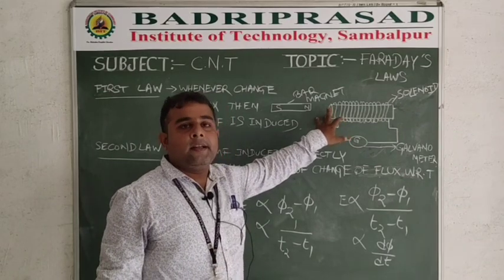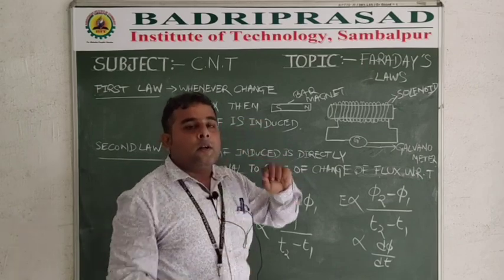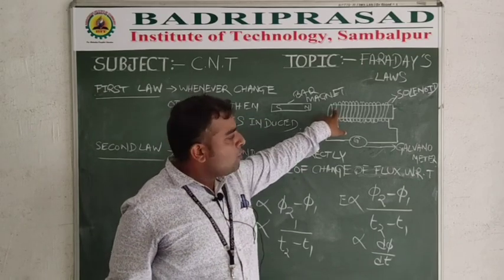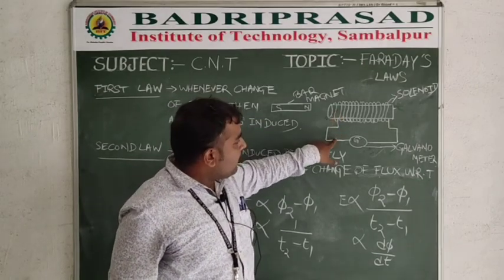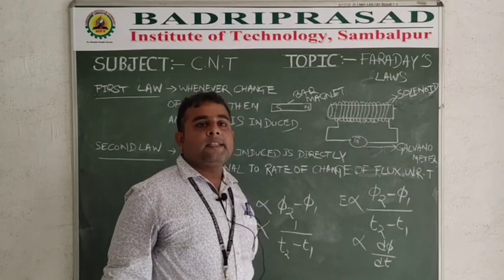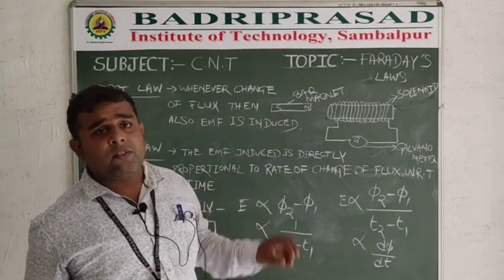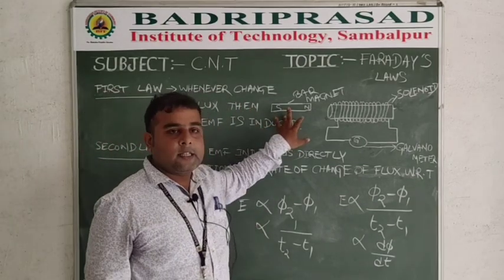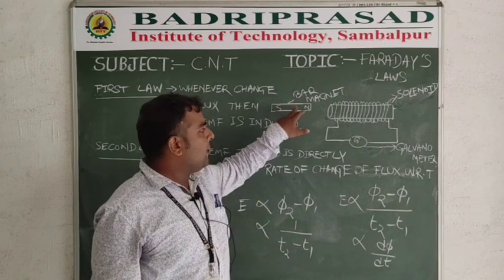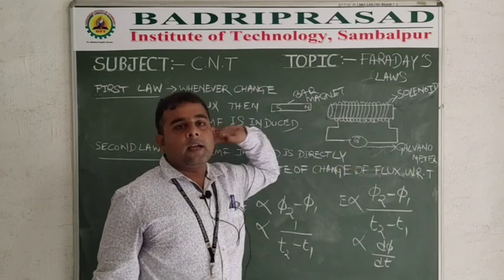A solenoid is nothing but an insulating material with coiled wire, which is connected across a galvanometer, a small voltage measuring instrument. So essentially in Faraday's laws three things are necessary: a bar magnet having N pole and S pole, a solenoid, and a galvanometer.